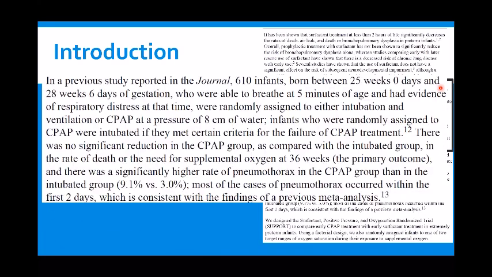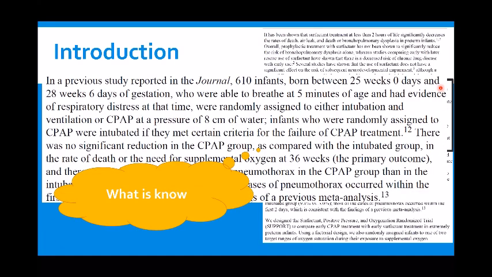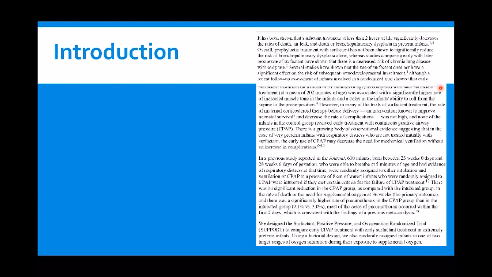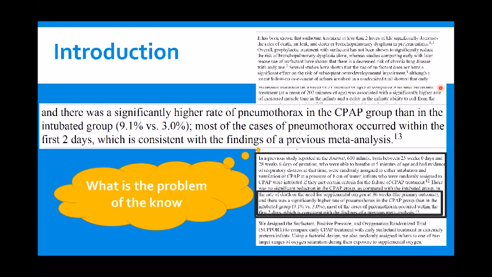The other part of the introduction is also continuing to describe what is known. And in this part, they're talking about what the problem is, why the known is not enough. For example, with CPAP, they're talking about pneumothorax and so on, and the intubation and so on.